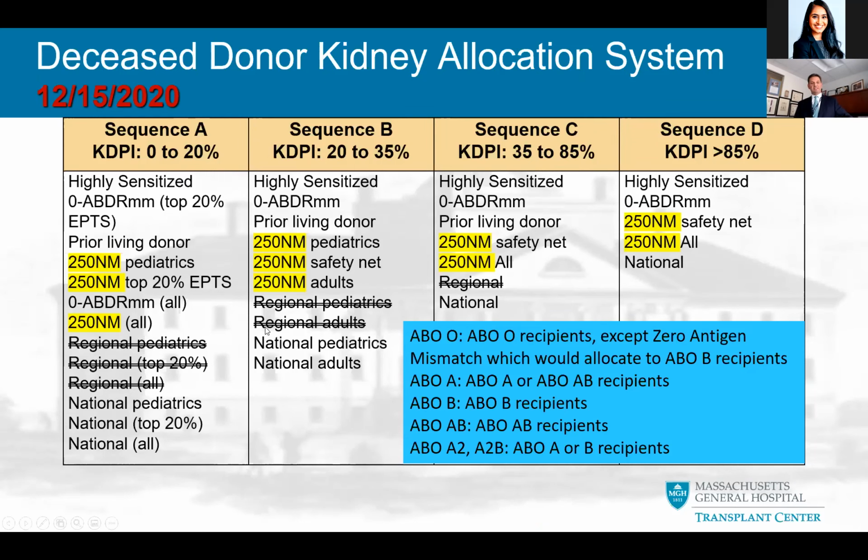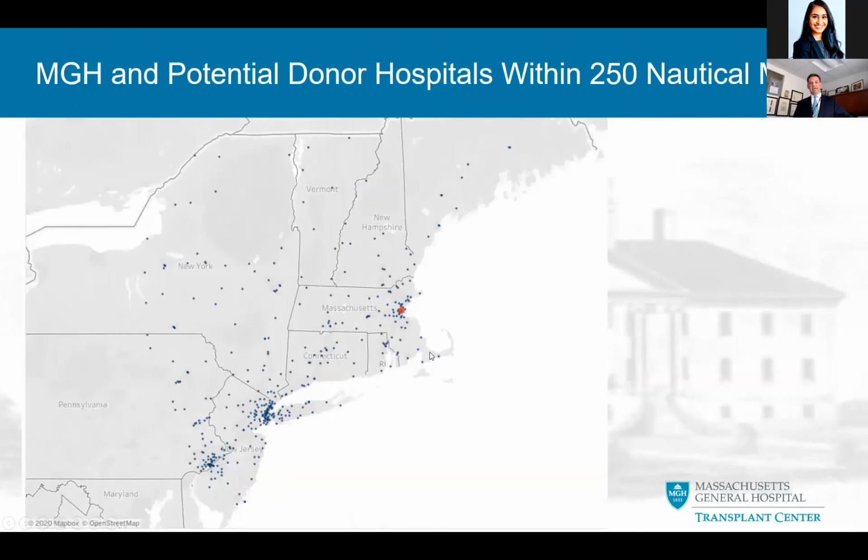And then what's interesting is that this regional allocation now disappeared, so it's all crossed off. And after the circle, the 250 nautical miles, the allocation goes to national allocation. So for example, this is a similar map, and now we're only pointing to MGH here in Boston, and you see all the donor hospitals.